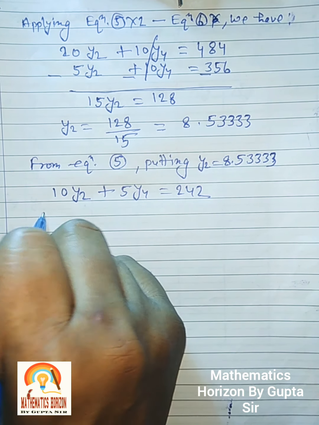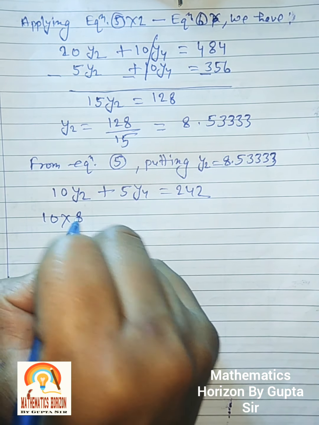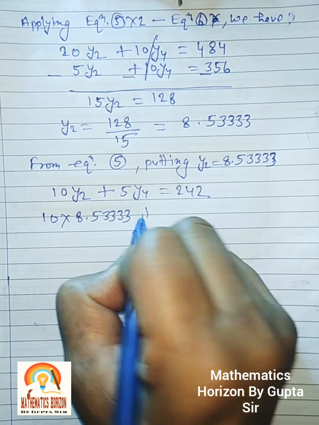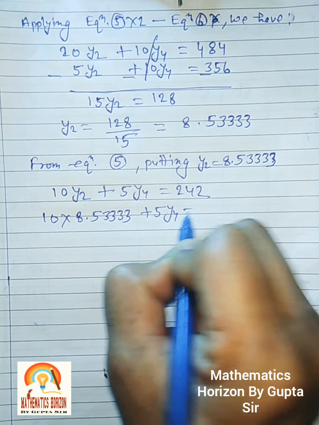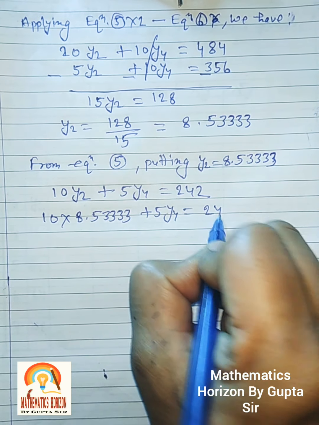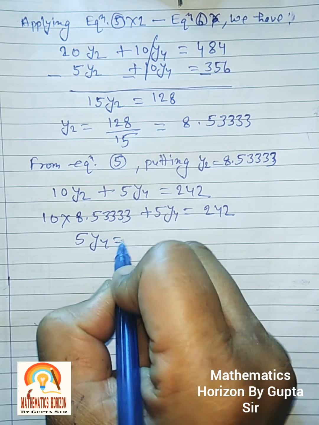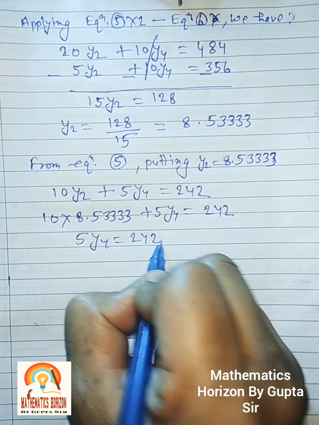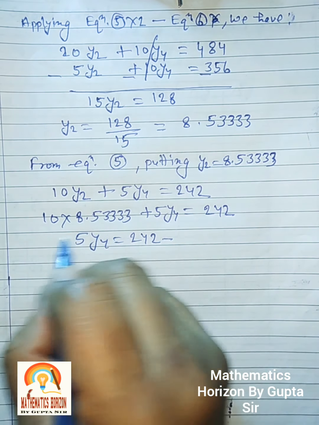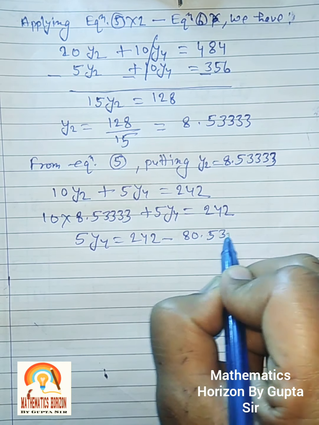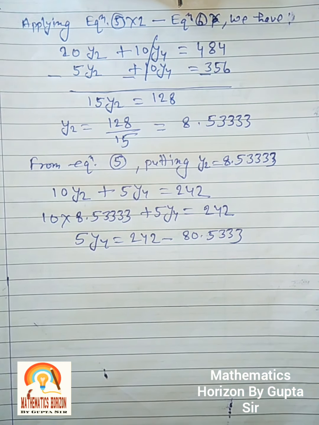That is 10 into 8.5333 plus 5y4 equal to 242. That is 5y4 equal to 242 minus the multiplication of this, which will be 85.333.